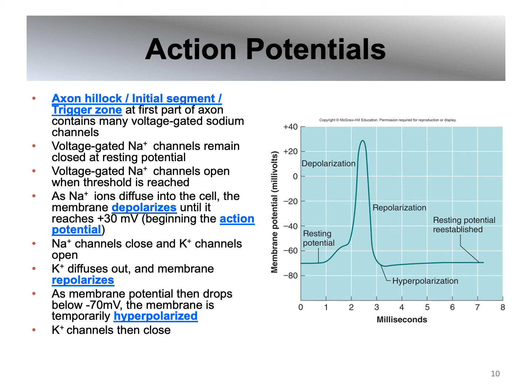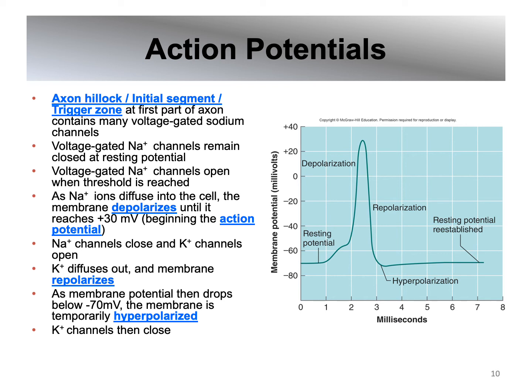The voltage gated sodium channels open only when the threshold is reached, which is minus 55 millivolt. Sodium ions diffuse into the cell, and the membrane depolarizes until it reaches positive 30 millivolt. And in that moment, we say the action potential begins.